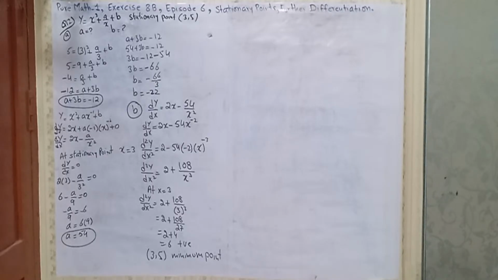Then we have the c part. It says find the range of values of x for which x squared plus a by x plus b is decreasing. This is the c part.